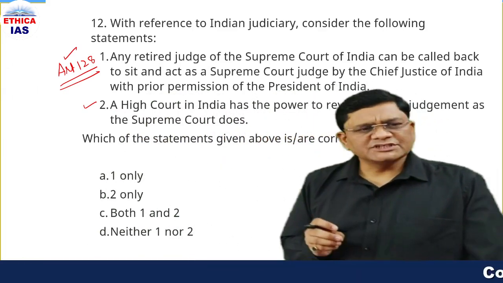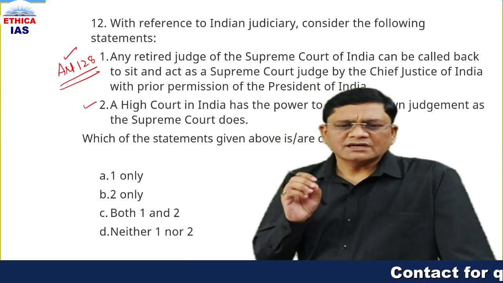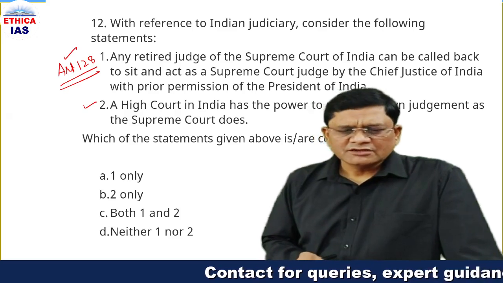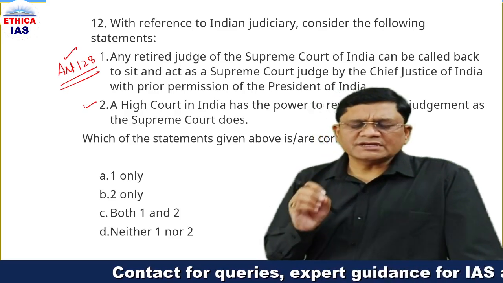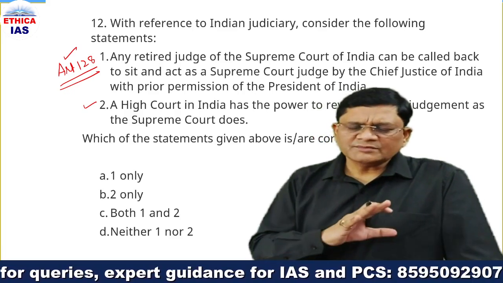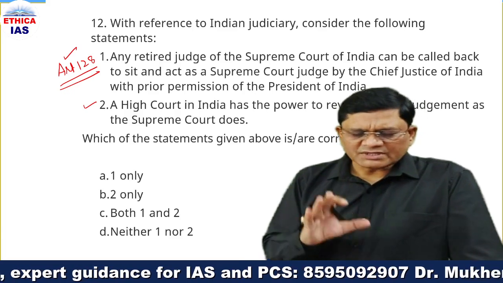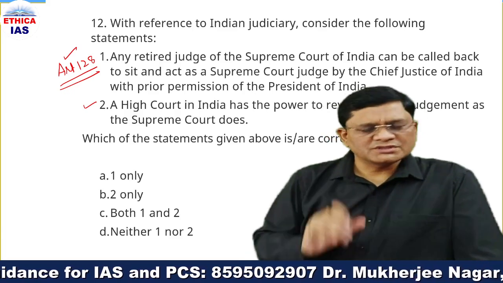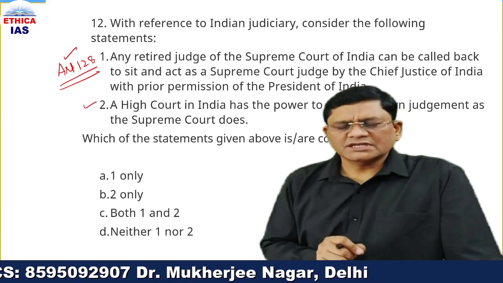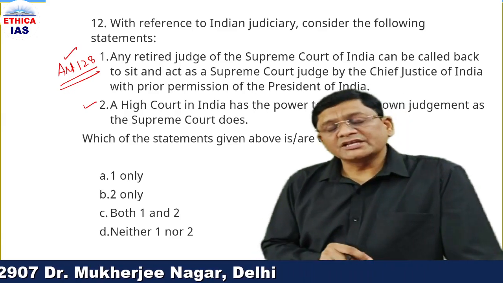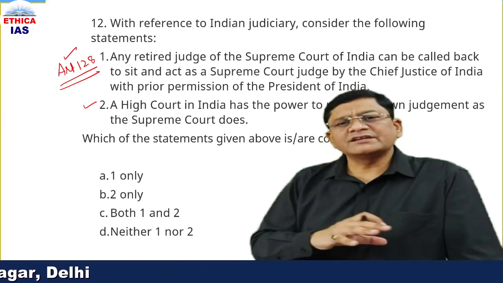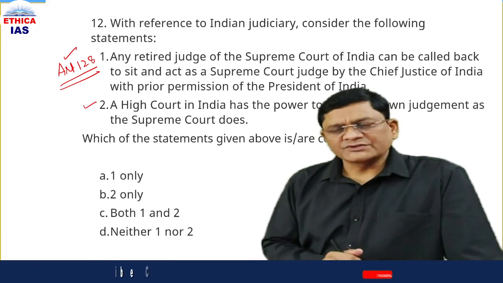The power of review of judgment by Supreme Court is given under Article 137 in the Constitution. But for High Court, no separate article is mentioned for review of its judgment. No separate article is mentioned for High Court, but a separate article is mentioned for Supreme Court. But we know that High Court is a court of record under Article 215 and Article 226. Under Article 226, High Court has a wide range of discretionary power of issuing writs.